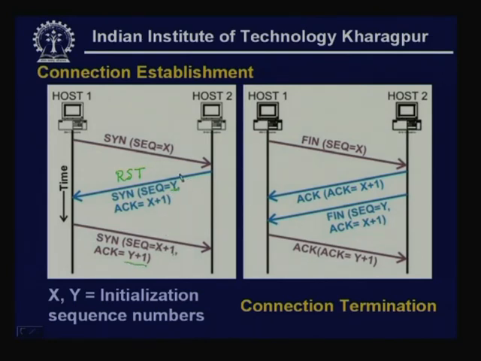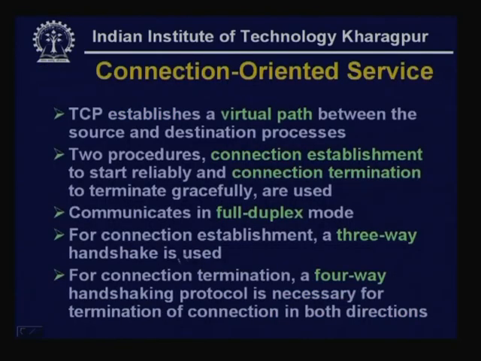So 1 byte is being used for the purpose of establishing synchronization, and acknowledgement number y plus 1 means that this host 1 is also ready to receive packets starting with y plus 1 as the beginning of that packet. Now, this is how the three-way protocol is used to establish a connection.